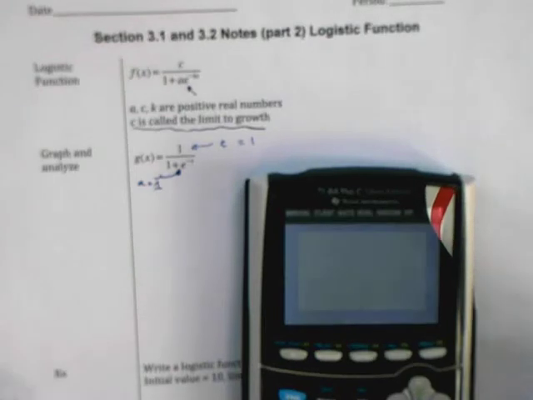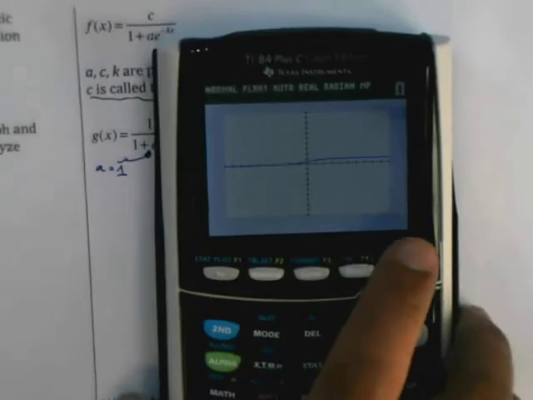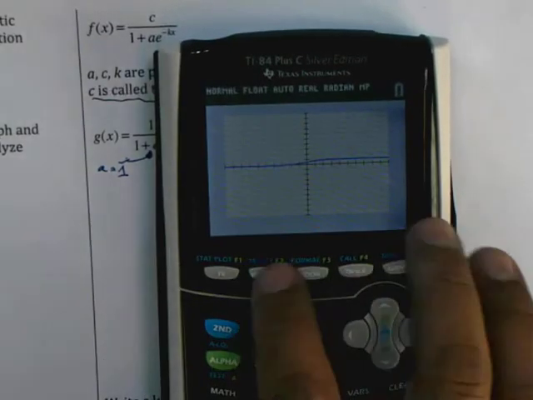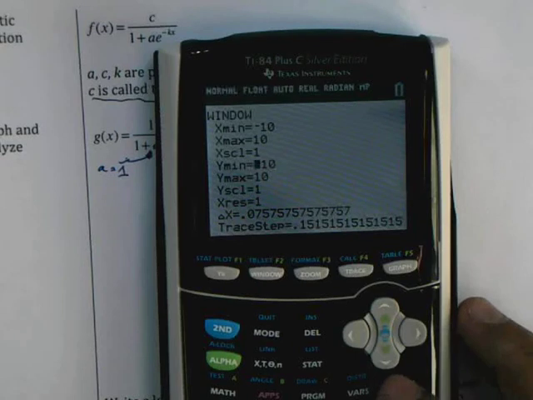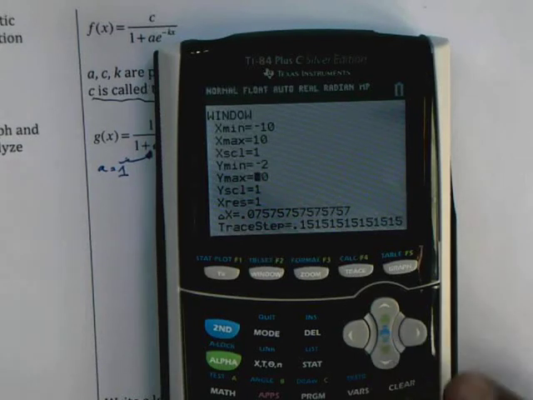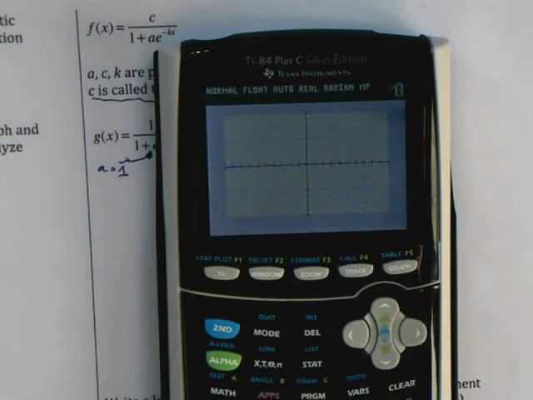We'll just use the standard window. It's kind of hard to see, so I'm going to zoom in. I'm going to change my window to be between negative 2 and 2 for the y window.